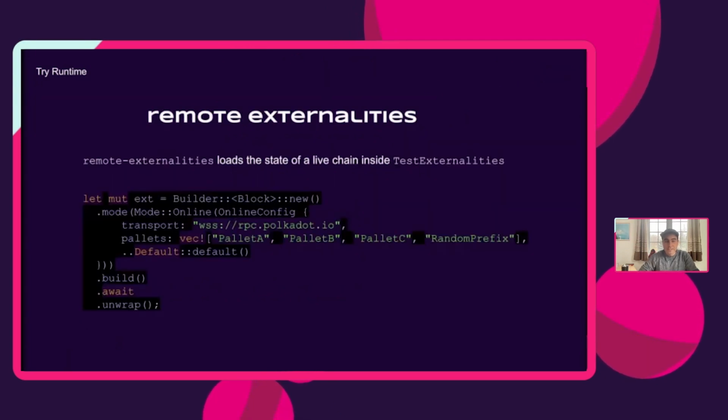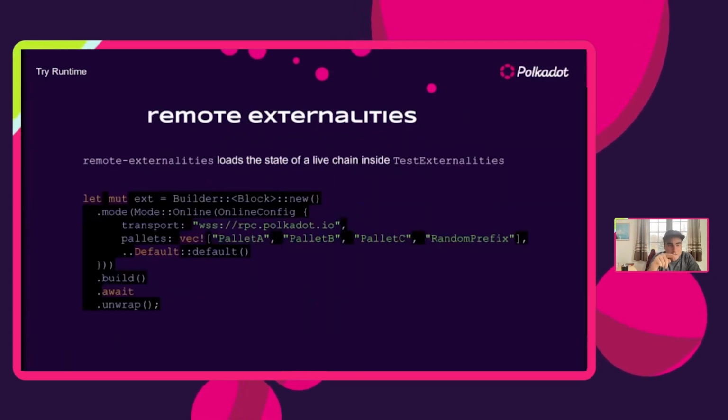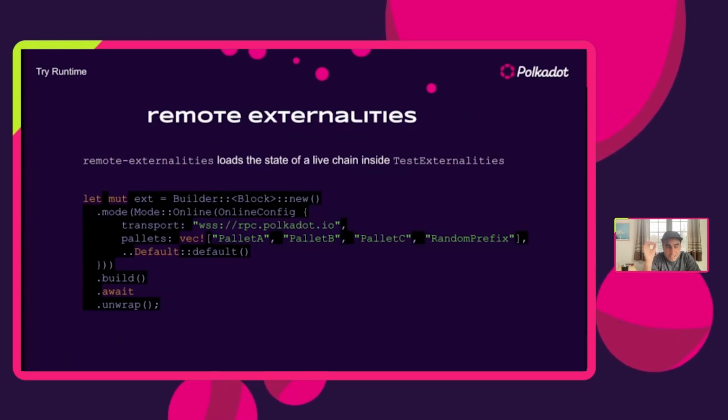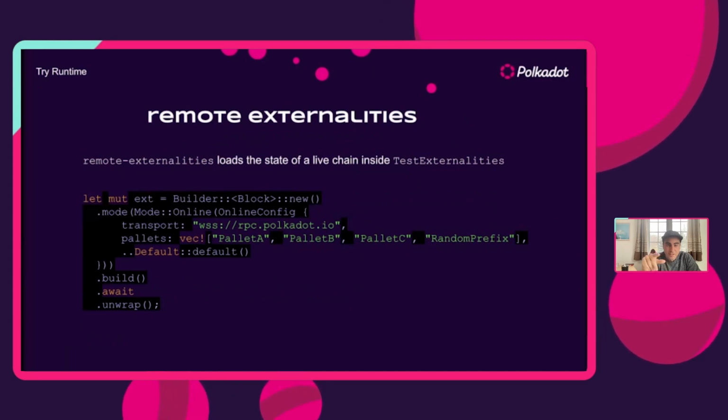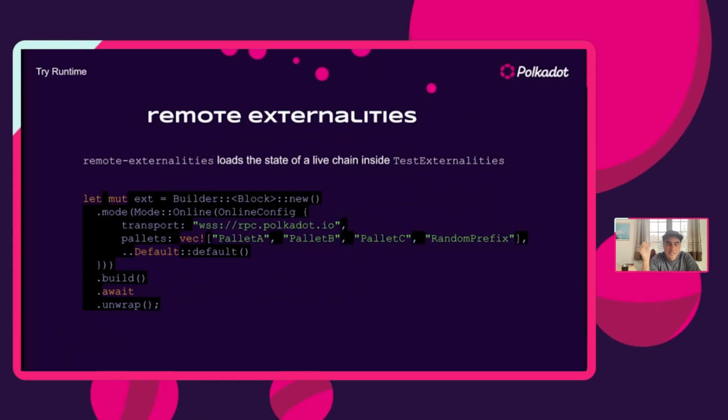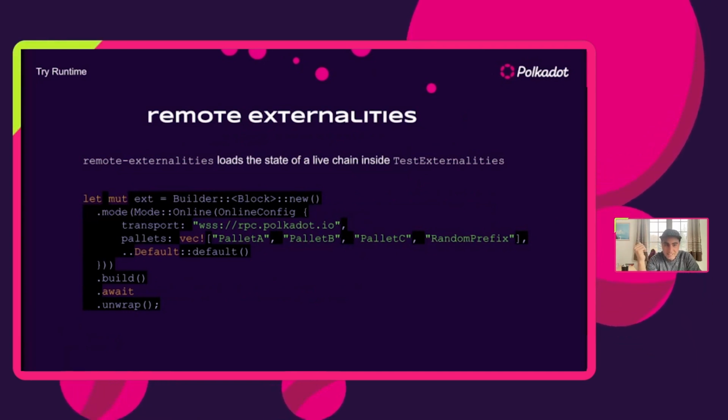Under the hood, there's something called remote externalities, which takes the state of the live chain and injects it into test externalities. What you're seeing on the screen is a code snippet, an example of how remote externalities works under the hood and how you can use it.